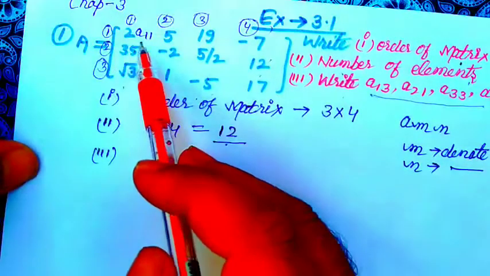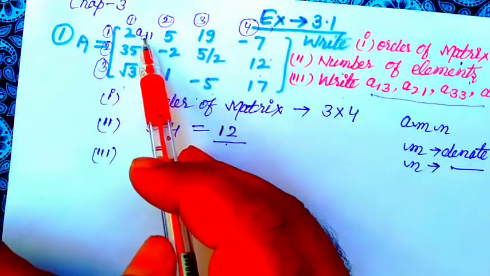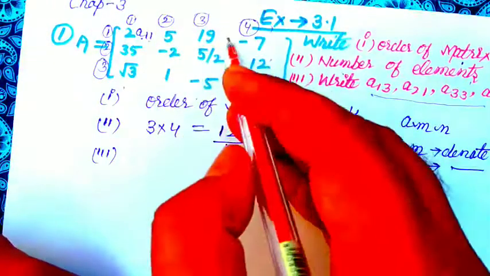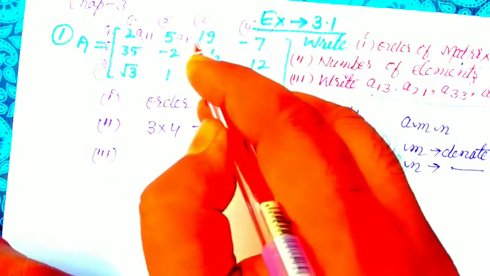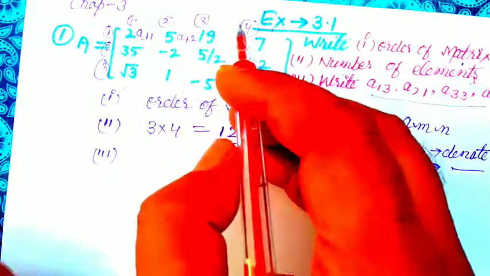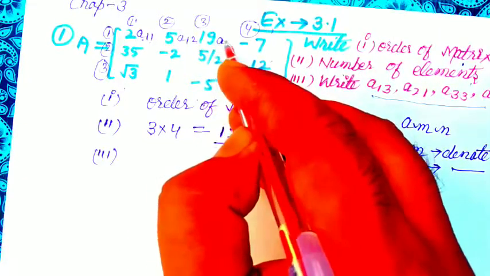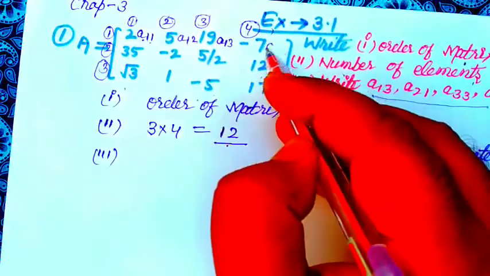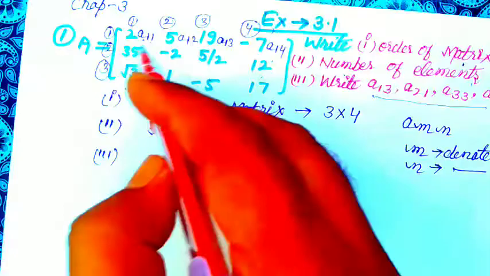So we have 1 row 1 column, 1 row second column, 1 row third column, same as 1 row 4 column.